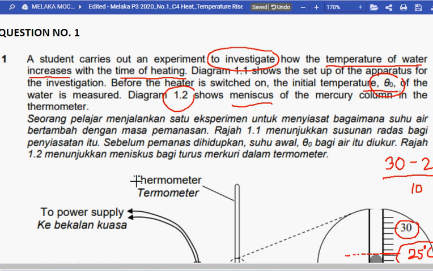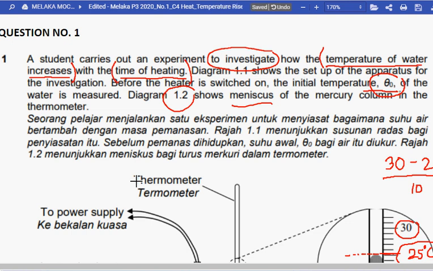So when you see the word investigate, it is a relationship between two variables. These two are your manipulated and responding variables.